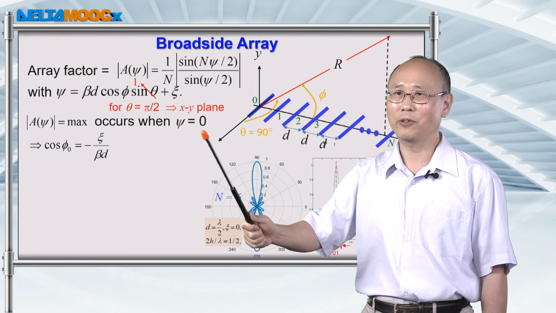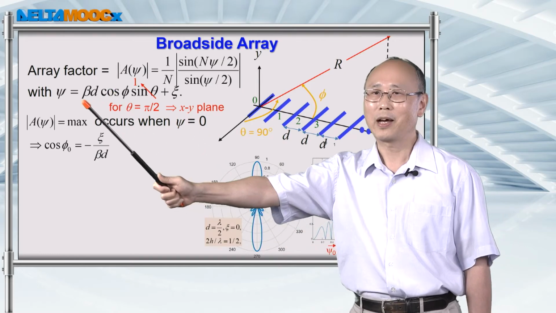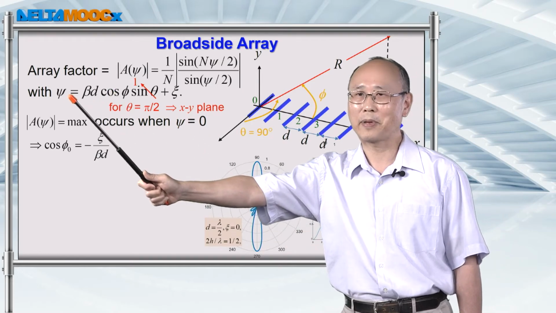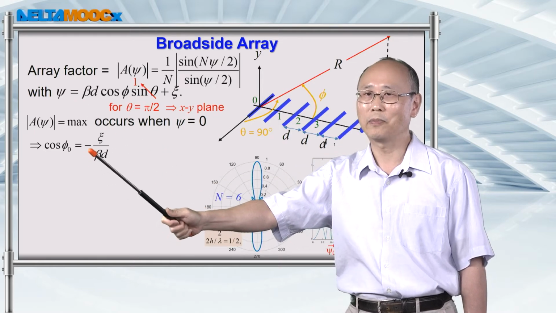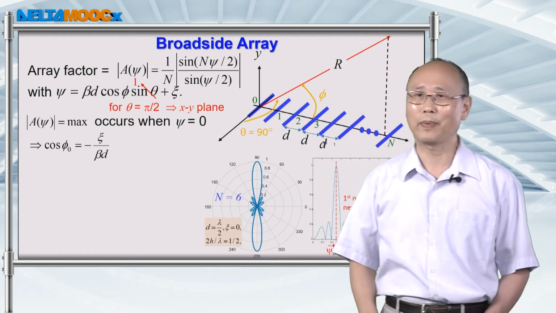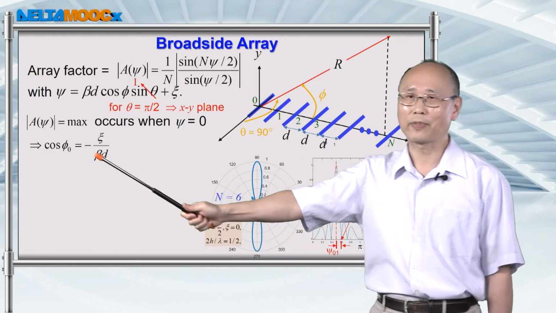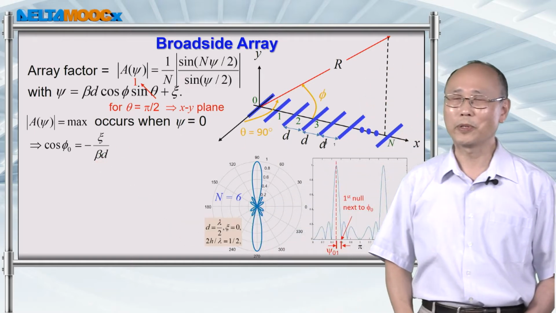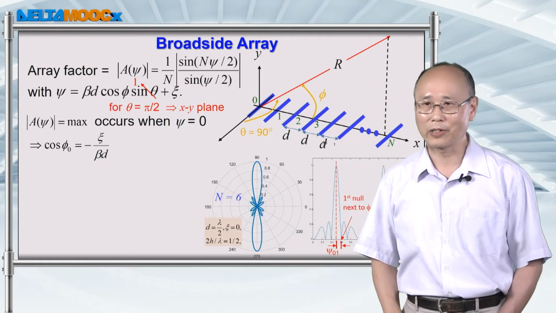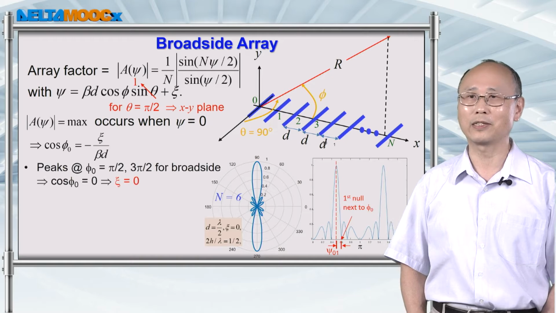So when psi equals 0, you put 0 on the left hand side, and then you can calculate cosine phi equal to minus c divided by beta d. If the angle phi equals this value, you'll be looking into the direction where you have the maximum radiation intensity.